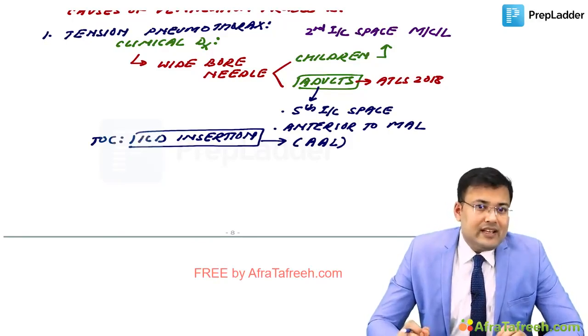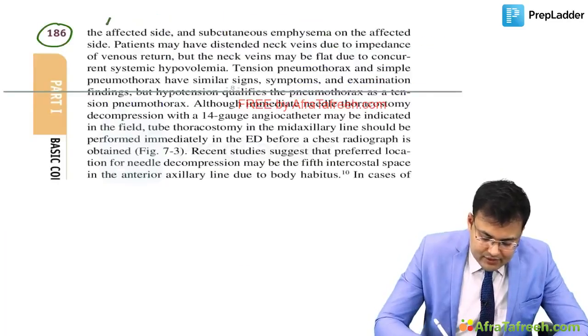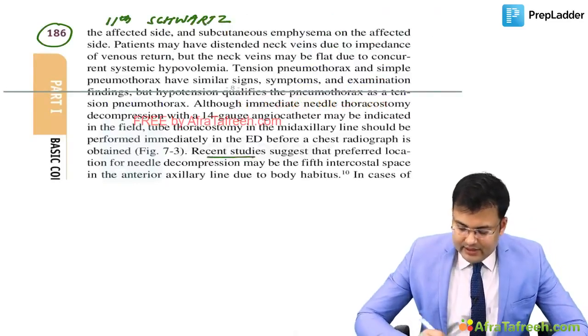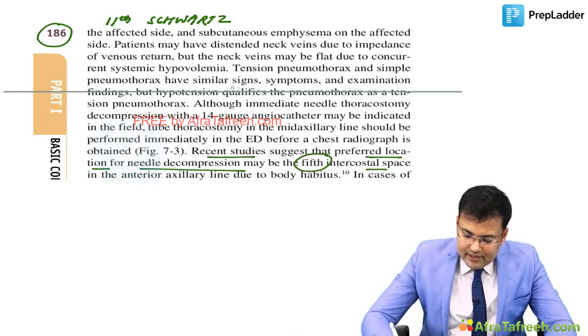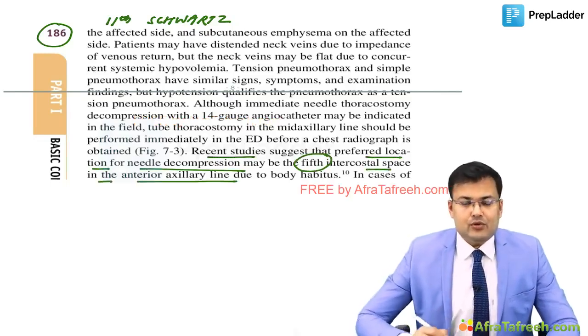Now see what's written in the latest edition of Schwartz. So this is the 11th edition of Schwartz. You can see the page number. Now see what's written. Recent studies suggest preferred location for needle decompression may be fifth intercostal space in anterior axillary line due to body habitus.